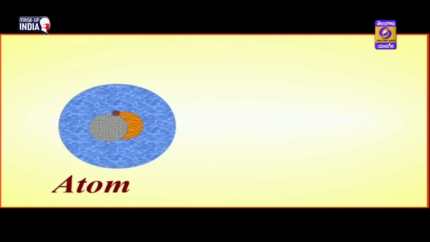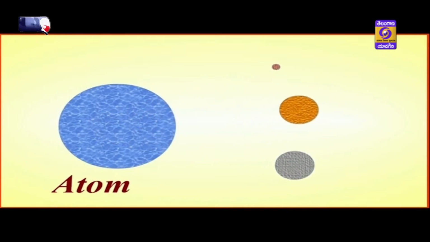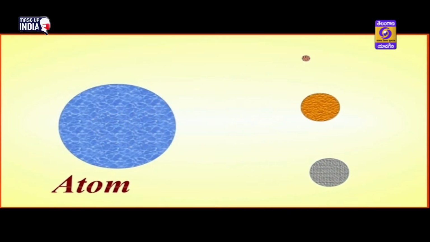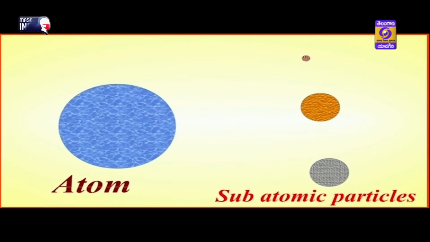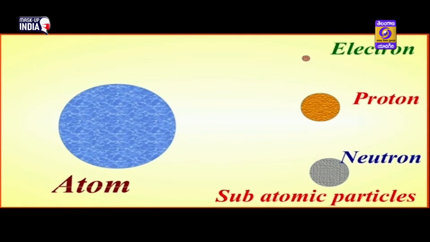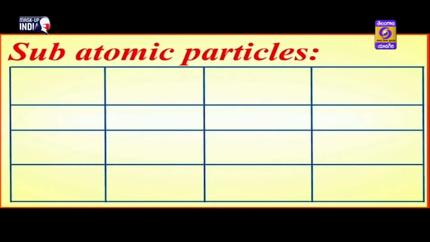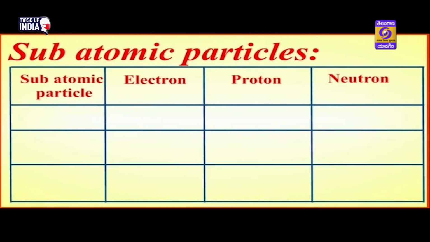Look here, my dear children. These are the subatomic particles of matter. The main subatomic particles are electron, proton, and neutron. Look here, my dear children. The charge of electron is negative.